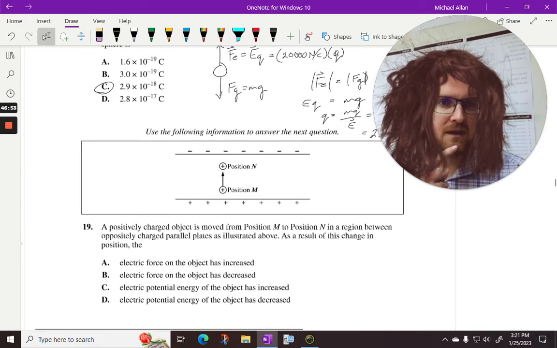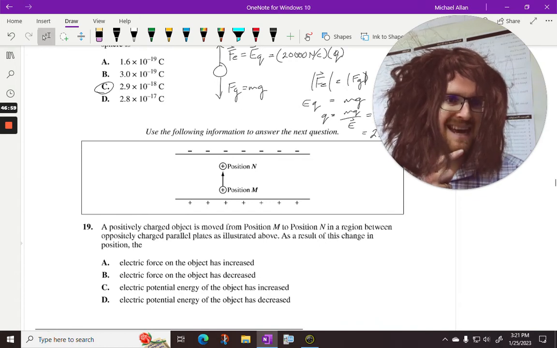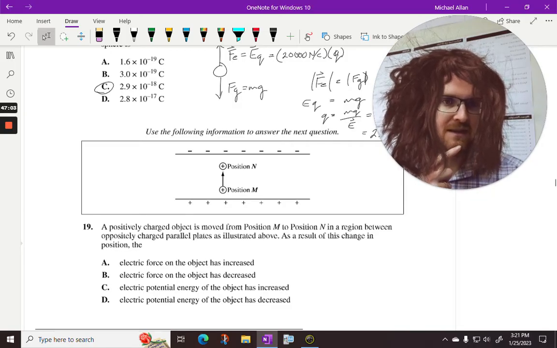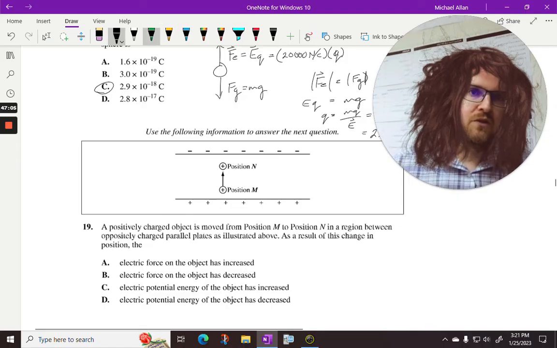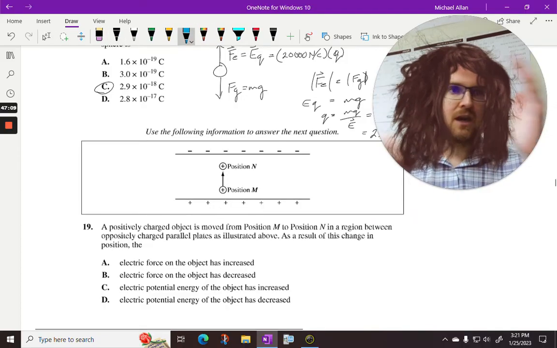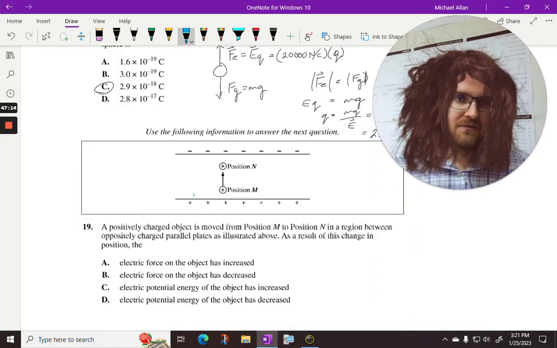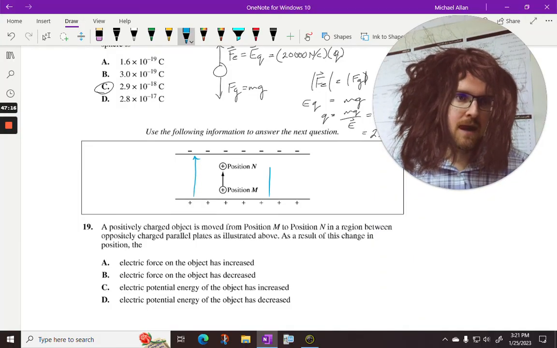Okay, so a positively charged object is sitting down at position M and then moves to position N in the region between these two oppositely charged plates. Remember in these parallel plate systems, because there's so many charges in there, and when we do some complex math with all the K, Q, Q over R squared, the field just goes from the positive to negative straight up.